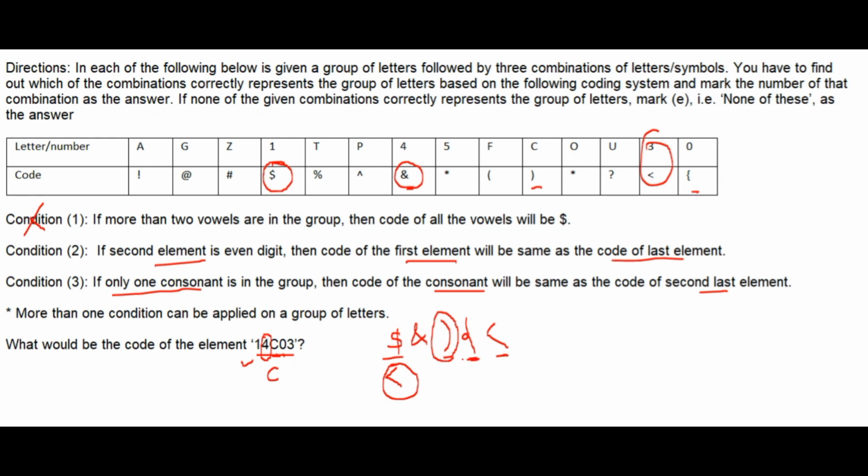So our final answer will be this one, then the ampersand sign, then this symbol, then again this symbol, and this one. Here you can see the code of the first element is the same as the code of the last element, and the code of the consonant is the same as the code of the second last element. So this will be our final answer.